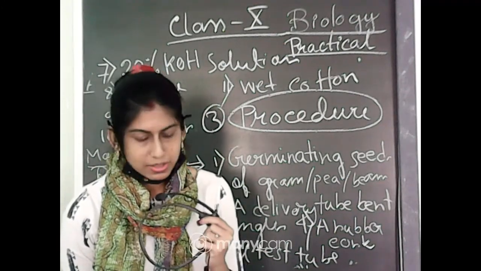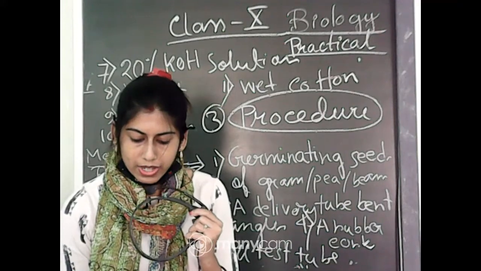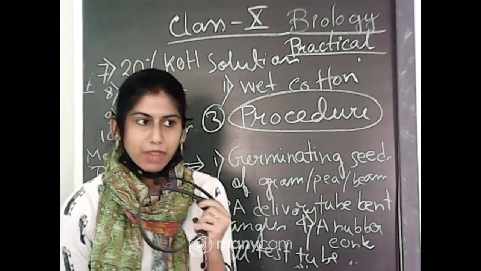Point number 3: keep the seeds moist by putting a little water in the conical flask.